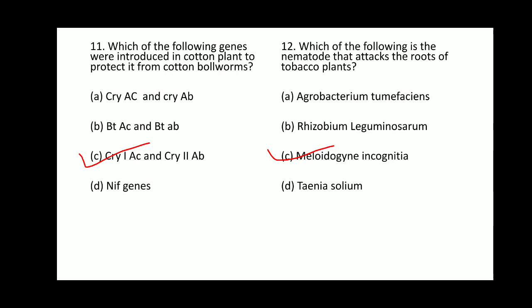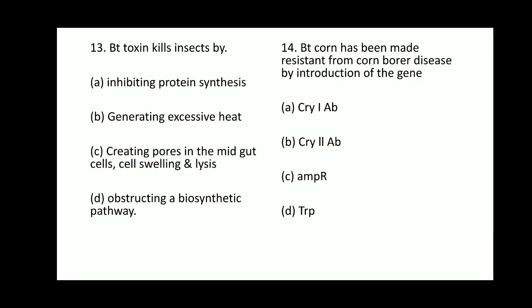Then moving on to question number 13. Bt toxin kills insects by option A, inhibiting protein synthesis, option B, generating excessive heat, option C, creating pores in the midgut cells, cell swelling and lysis, option D, obstructing a biosynthetic pathway.